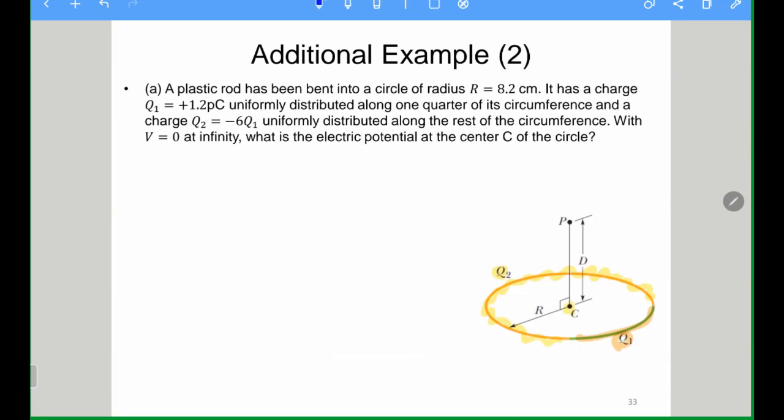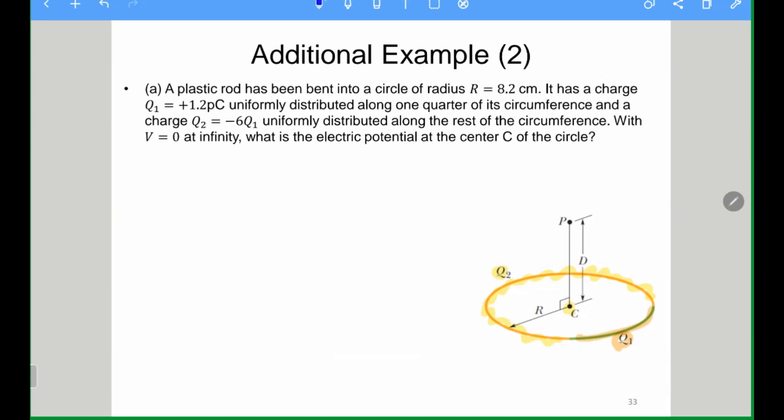If it asks you to tell what the E field is at the center, it might be more difficult. But if you just need to calculate the potential at that point, it will be very, very simple.